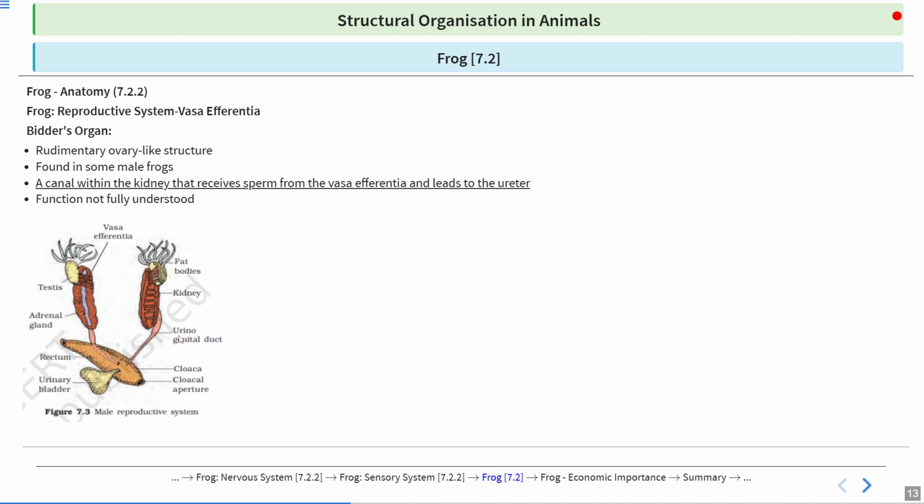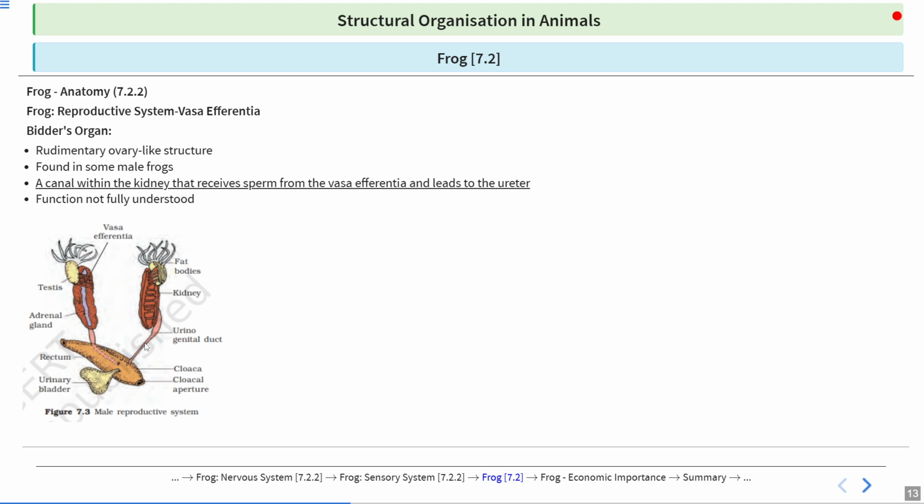So here you can see, it is not written ureter, it is written urinogenital duct. Once the urine is there, it comes from this particular part and is stored in the urinary bladder. But when the sperm has to be released, the sperm formed here in the testes passes through the vasa efferentia, comes to the Bidder's canal, passes through the Bidder's canal and goes to this urinogenital duct.